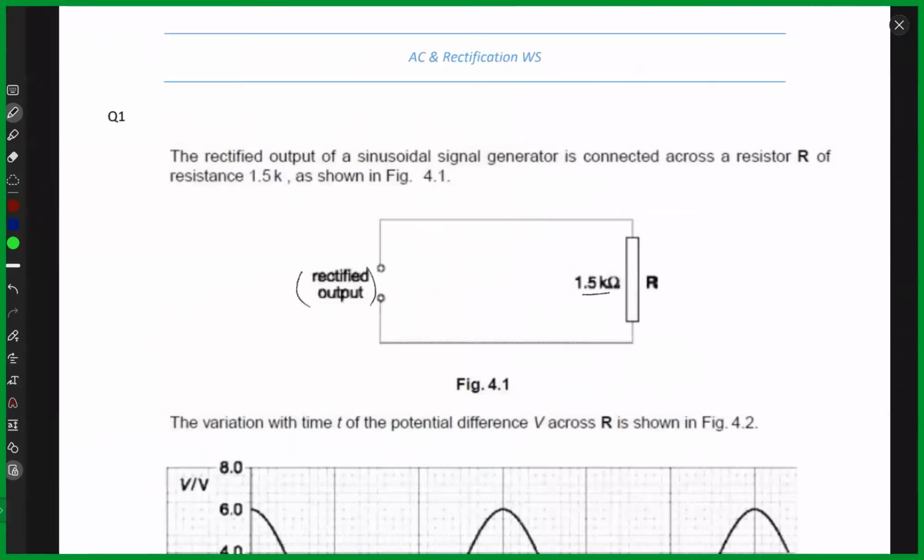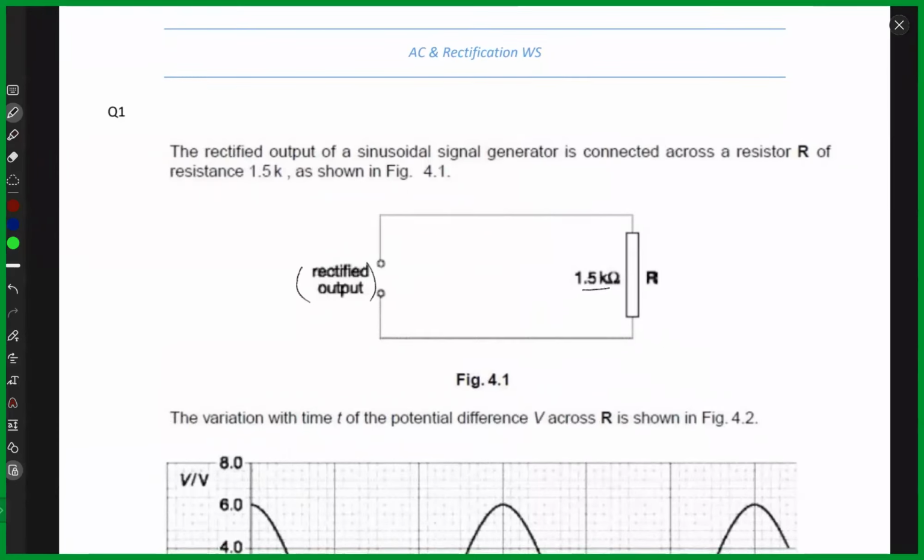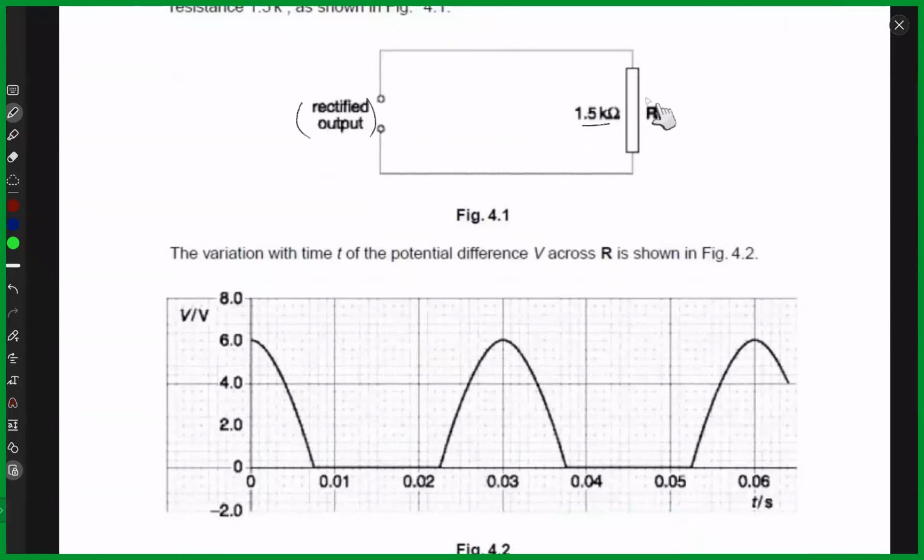So what would be the potential difference across the capacitor? We know the potential difference across this is 5.4. The peak voltage minus this. The peak voltage, which is 6.0 volts, minus 5.4 volts.